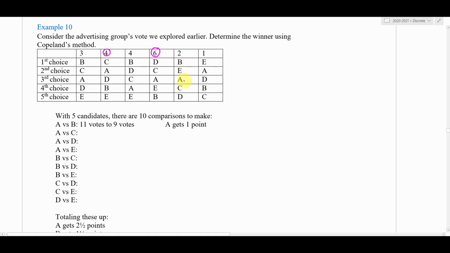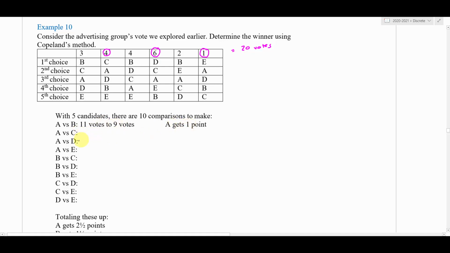Here, A is below B, so A loses. And then here, A is above B, so A would get this vote. All right, so we have 4 plus 6 plus 1, which is 11 votes for A, which means the other 9 votes have to go to B, all right, because there is a total of 20 votes. Okay, so 11-9, which means A gets a point.